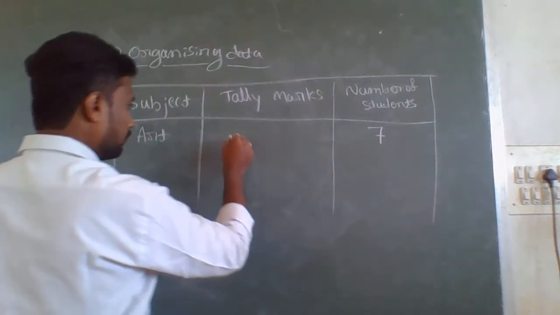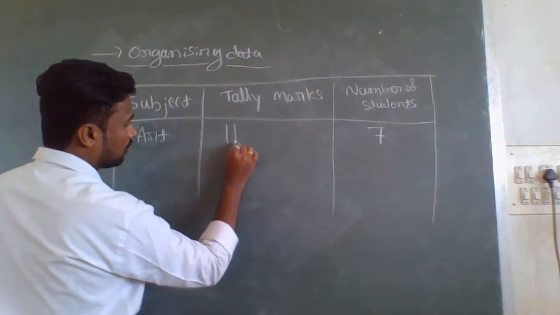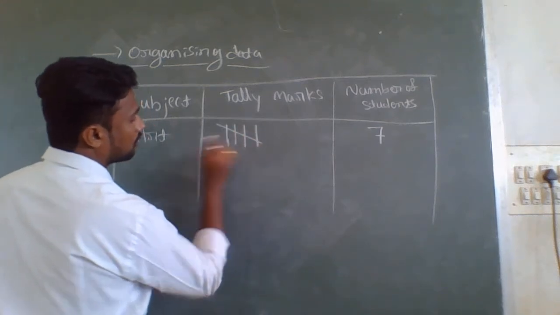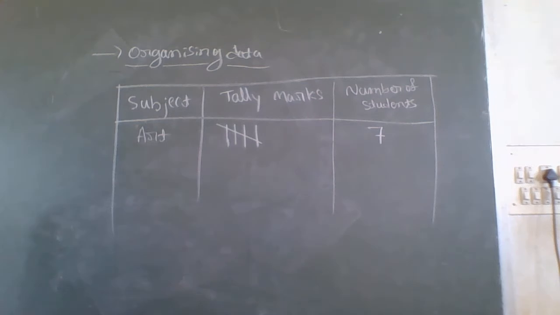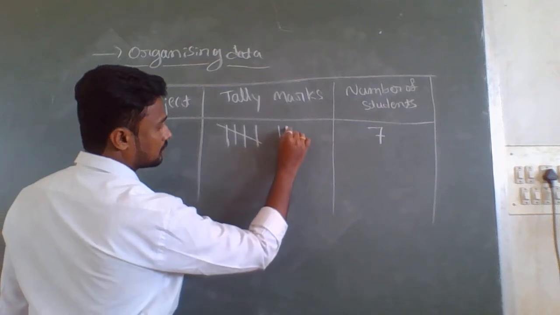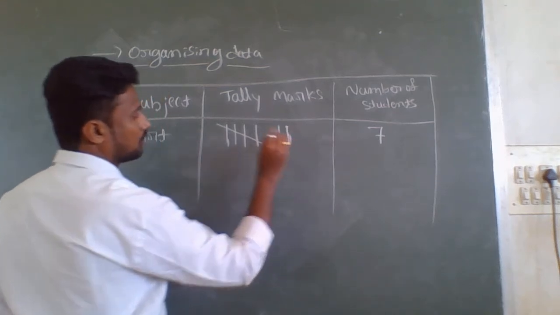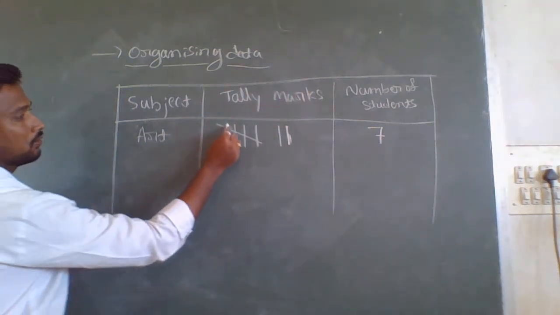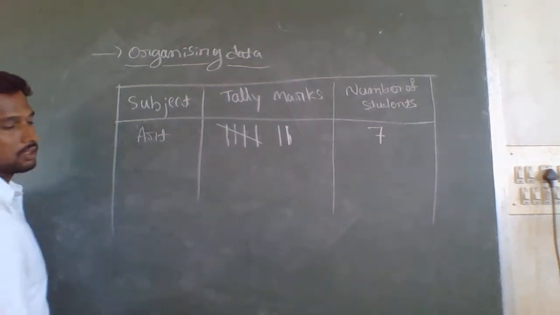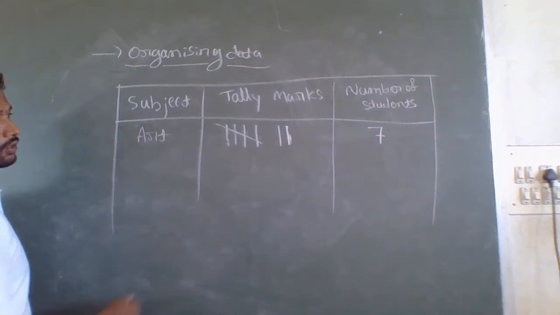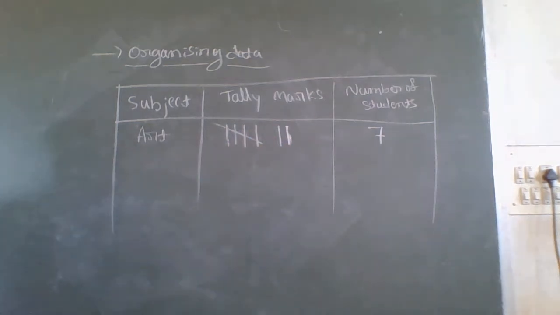We draw 1, 2, 3, 4, and for the fifth we draw a cross mark across them. Then 6, 7.